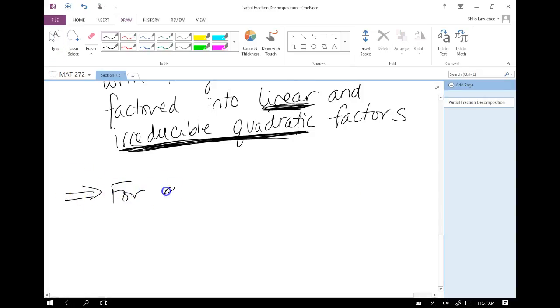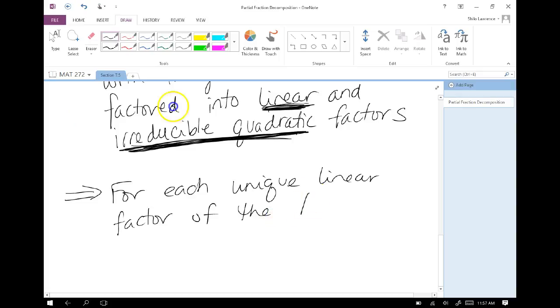For each unique linear factor of the form, and this is going to look really weird, this kind of general math notation, but then I'm going to show you an example, ax plus b to the m. So that m means that it's a repeated factor.